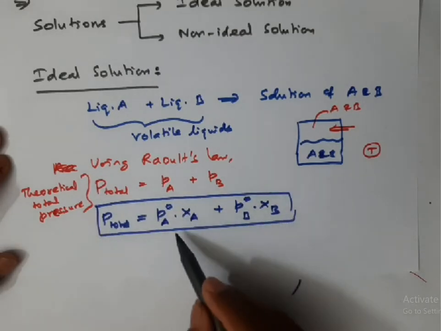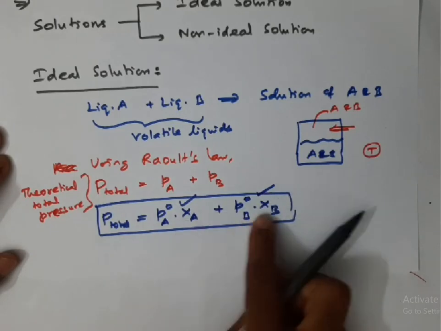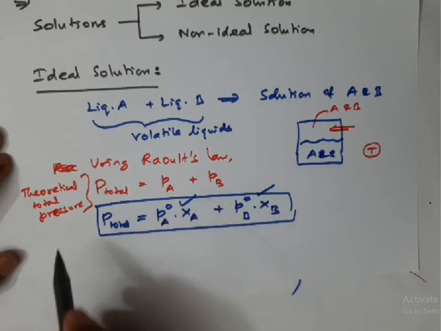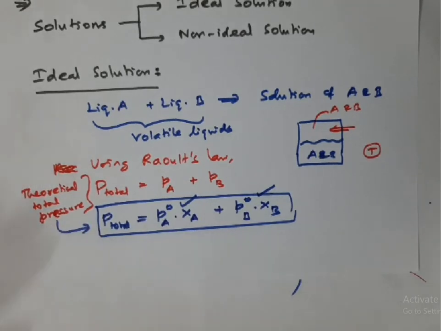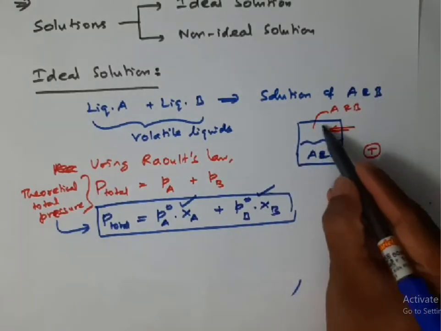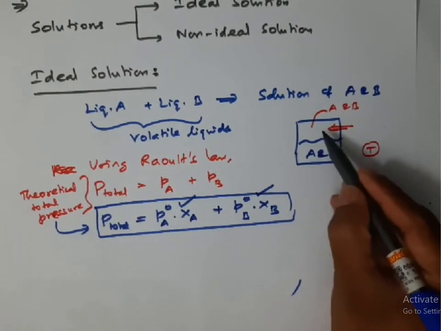These are obtained from Raoult's law. If you add the two, you will get total vapor pressure, and this total vapor pressure is nothing but theoretical vapor pressure.